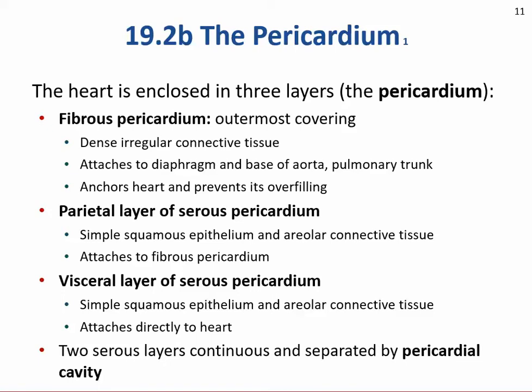If any of you have ever cleaned fish, you know exactly what the serous membrane looks like. It's that slippery, shiny, very thin layer that lines the cavity and holds all of the, for lack of a better word, the guts together.